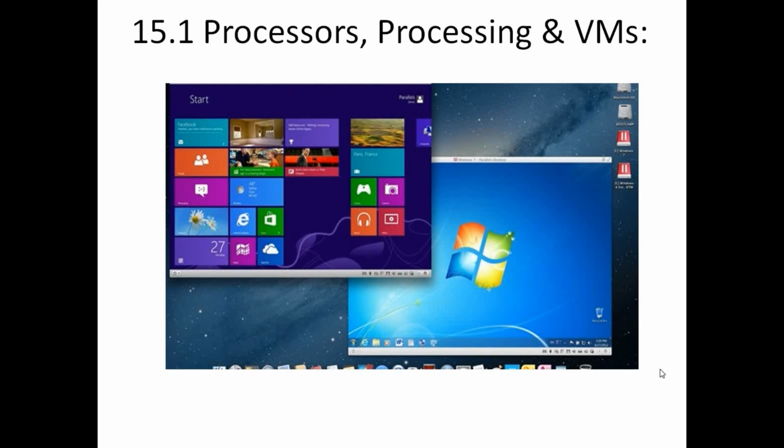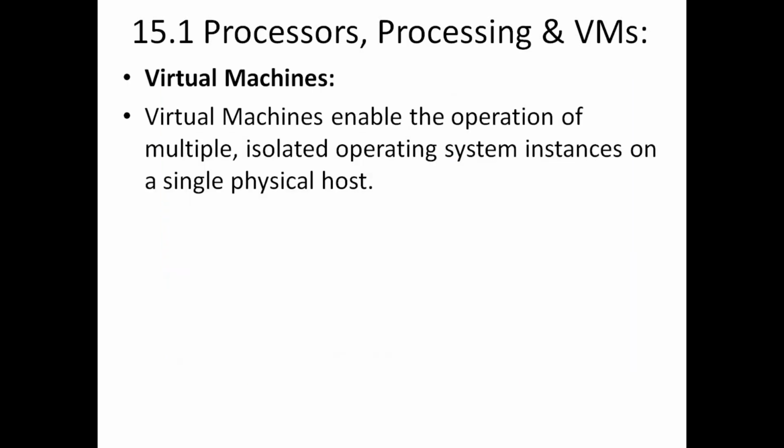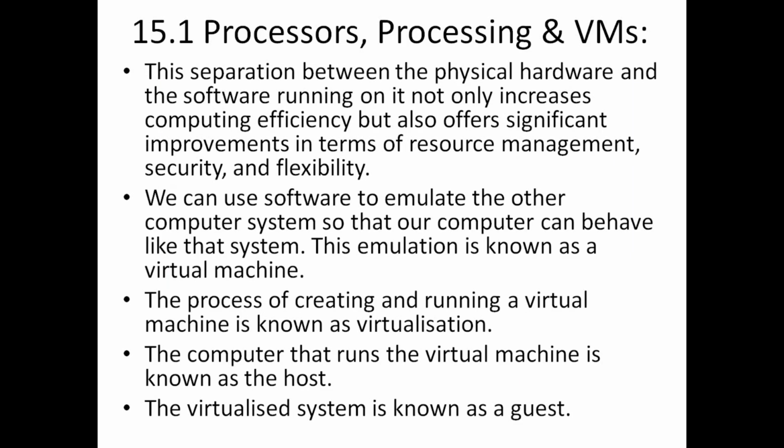As you can see, the back end is Linux, whereas in the front end I have two windows open with two different versions of the Windows operating system on a single physical computer. This is achieved by the use of virtual machines.